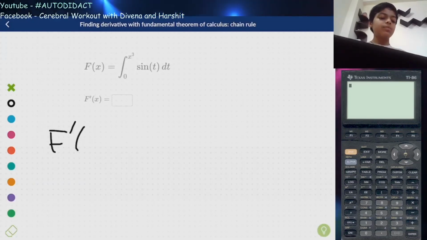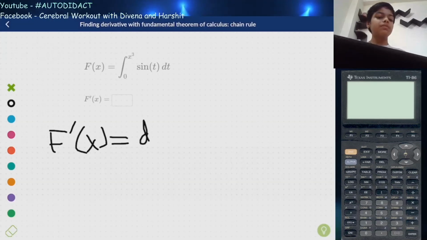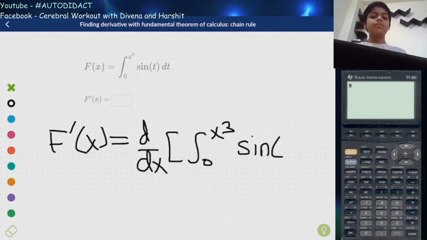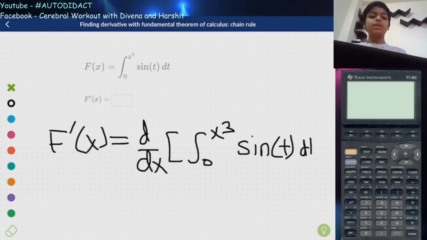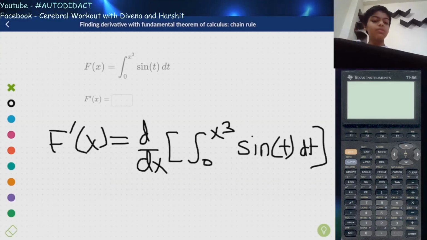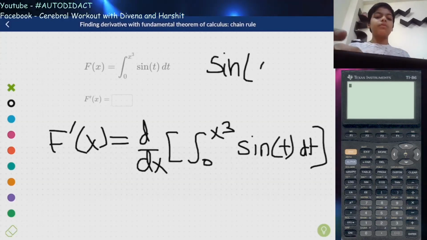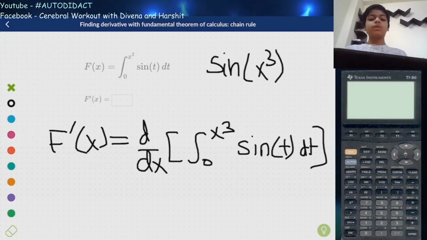The left side is F prime of x, which equals the derivative with respect to x of the integral from 0 to x cubed of sine of t dt. Filling in the values, this is sine of x cubed times the derivative of x cubed, which is 3x squared.